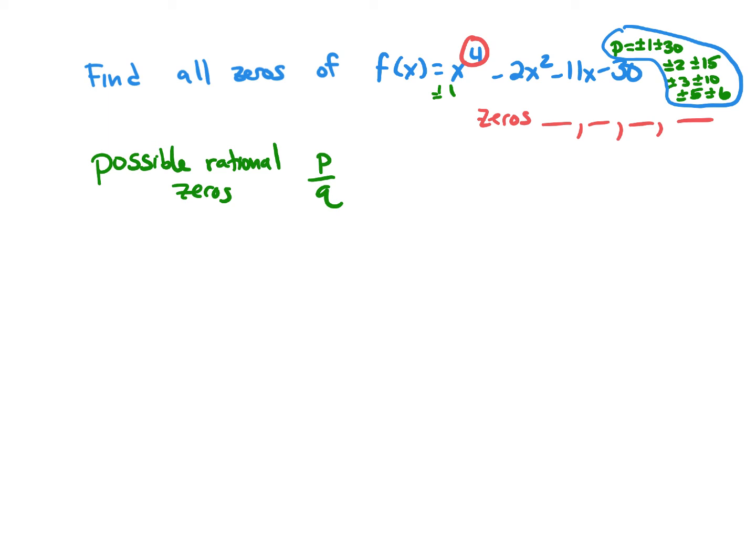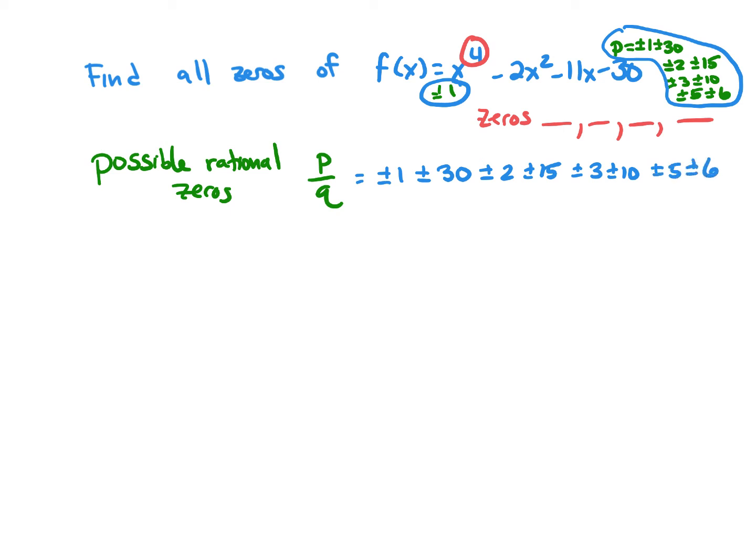And if it just wants the possible, it just wants you to make this list. And if it says find the roots, or find the zeros, it wants you to do all this other work. So if I do all the p's over all the q's, the q is just 1, so it's just my list of p's. So it's plus or minus 1, 30, 2, 15, 3, 10, 5, and 6.